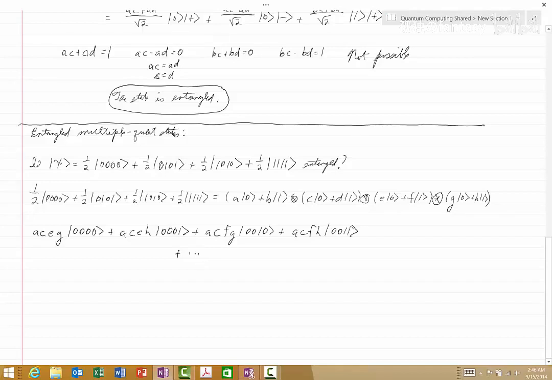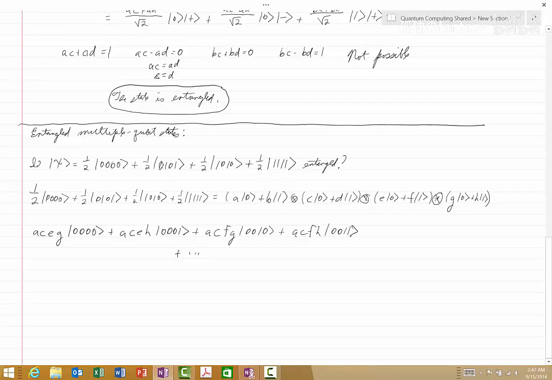Now on the right hand side, all the terms that begin with 0 must have this A coefficient. So for instance here, ACEG, ACEH, ACFG, ACFH, and there would be others as well.